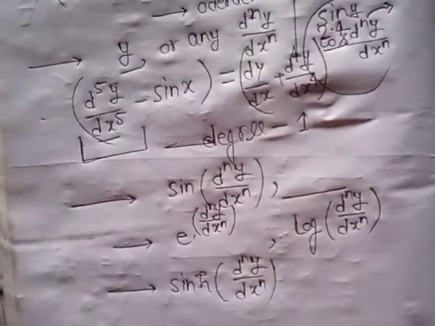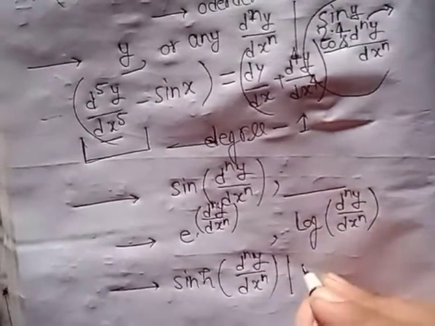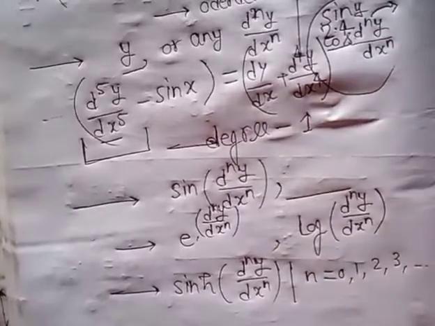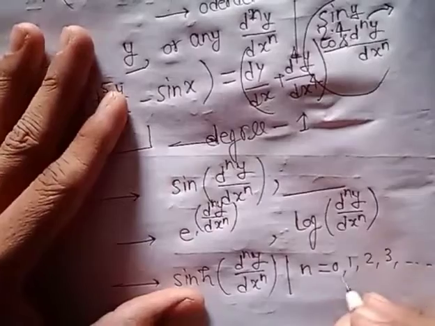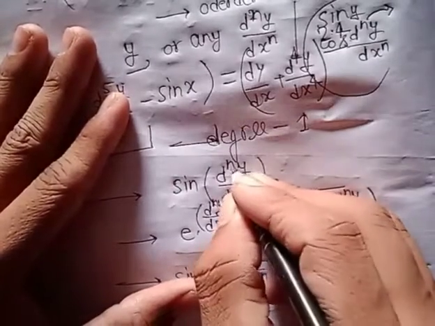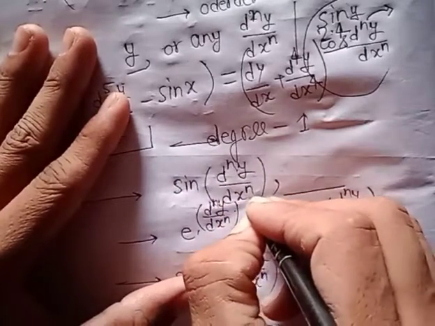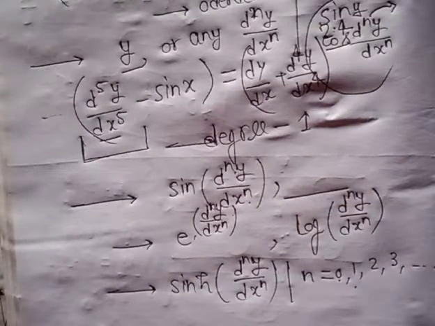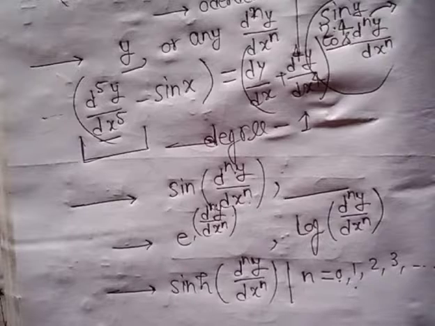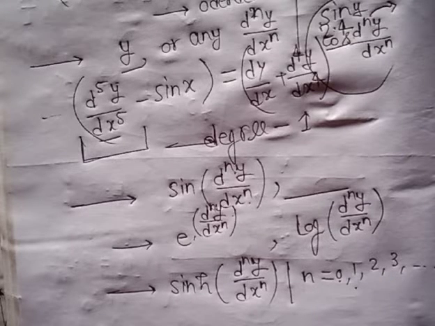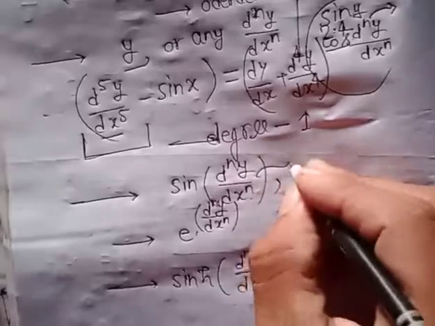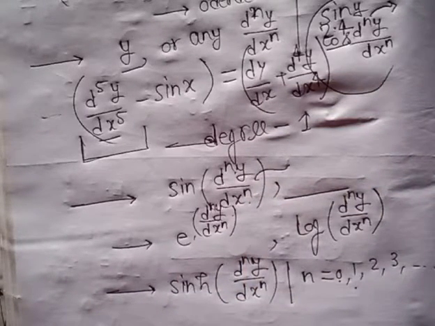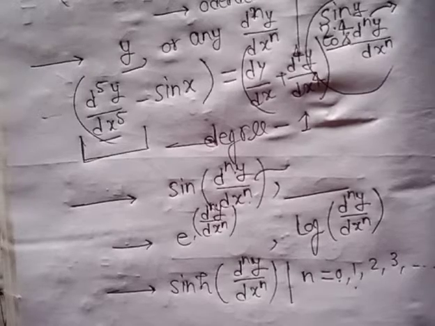Here remember that n can be 0, 1, 2, 3, up to any natural number. If we put 0, this term will be d0y upon dx0, the zeroth order derivative of y with respect to x. This means we have not taken any derivative, so this is simply y. And if we put 1, this will be d1y or dy by dx.